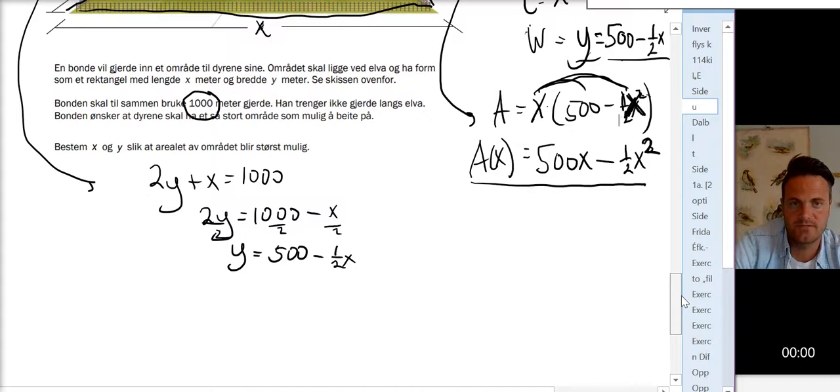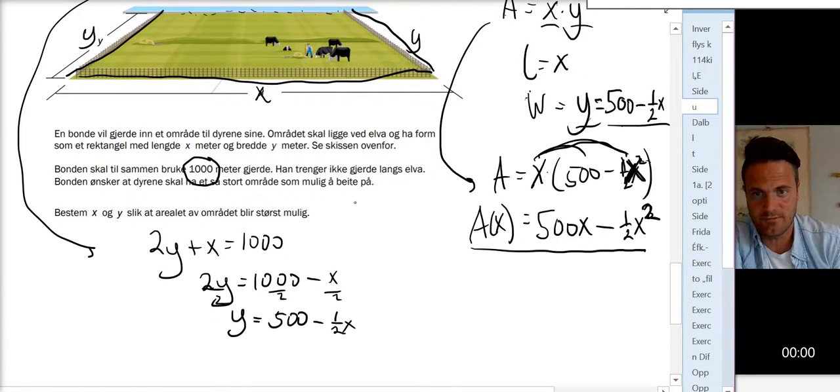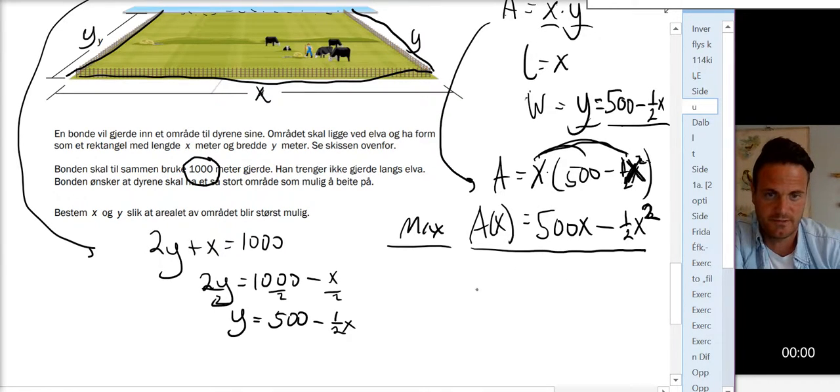So there is an expression for the area, the area function, and then we want to maximize this area, so we have to find the maximum point of this function.